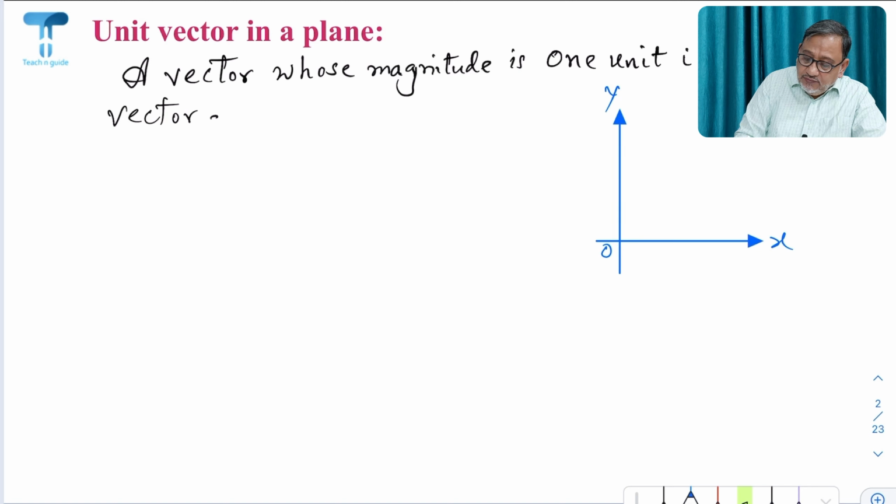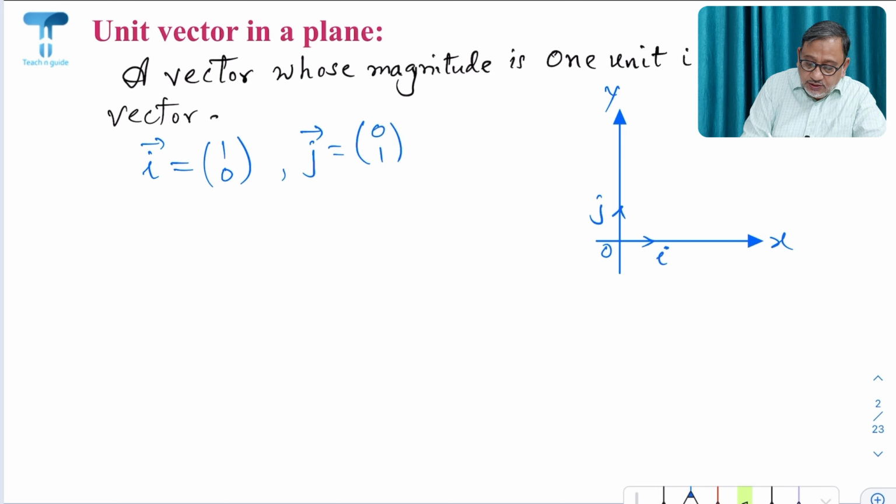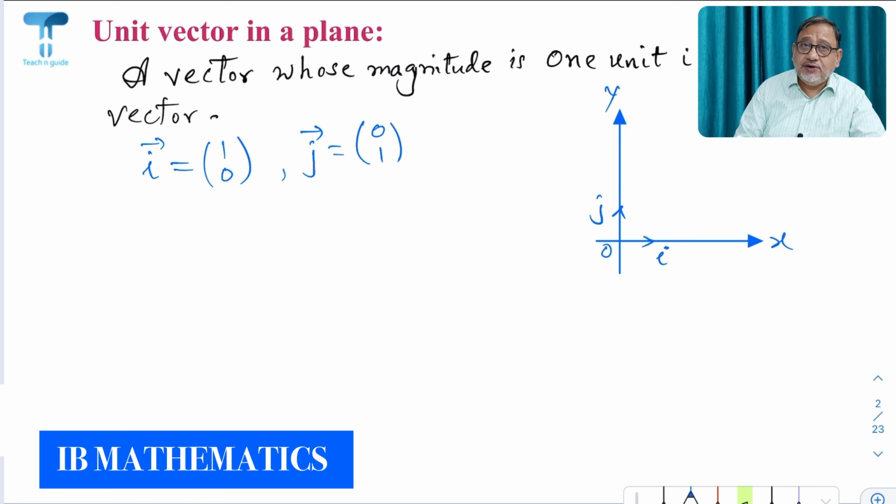Then any vector of 1 unit in the direction of x-axis will be i, the base unit vector, and it will be given by (1, 0). And j will be in the direction of y-axis and it will be given by (0, 1), okay? Then the question arises how to find a unit vector in a different direction.